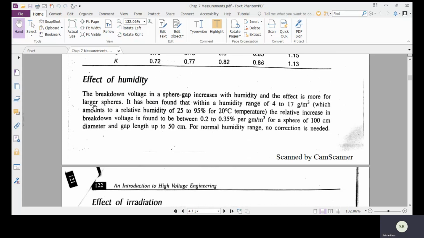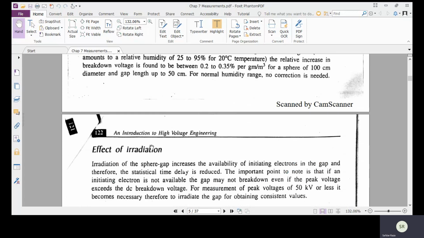It has been found that within a humidity range of 4 to 17 gram per cubic meter, which amounts to a relative humidity of 25 to 95% for 20 degrees Celsius temperature, the relative increase in breakdown voltage is between 0.2 to 0.35 per gram per cubic meter for a sphere of 100 centimeter diameter and a gap length up to 50 centimeter. For normal humidity range, no correction is needed.